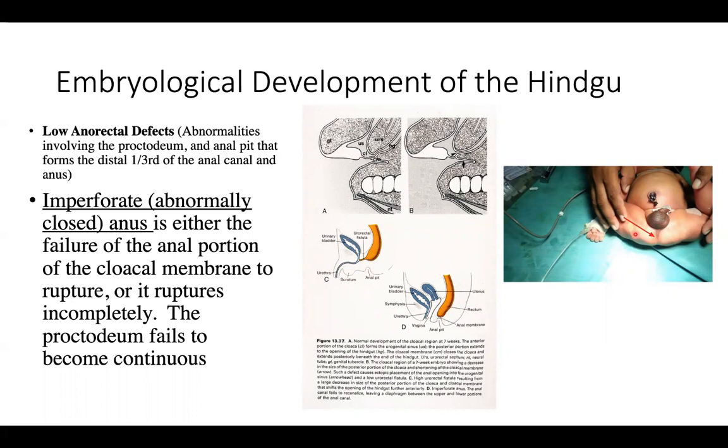Usually they wait until he is maybe a few months old. Then they create the anus for him or her. And they will give the parents some instructions on what to do when they go back home. Usually you have to dilate the anus repeatedly.